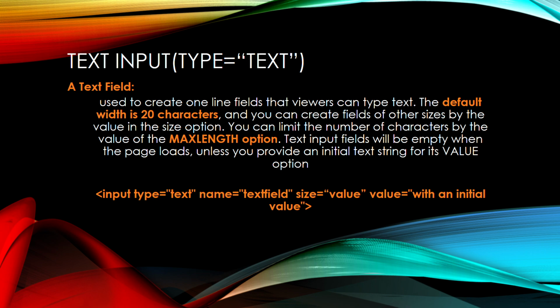Text input fields will be empty when the page loads unless you provide an initial text string for the value option. Open tag input type equals text, name equals text field, size equals, value equals an initial value.